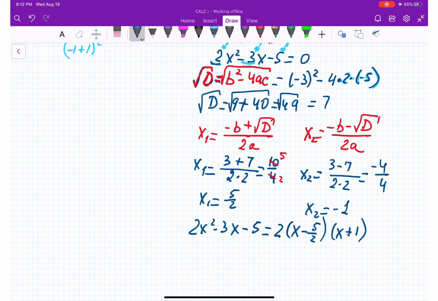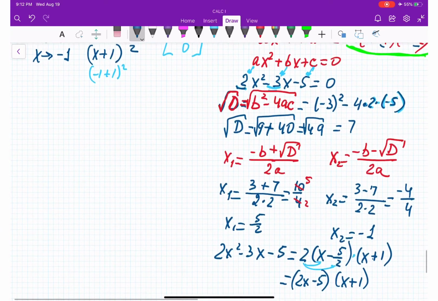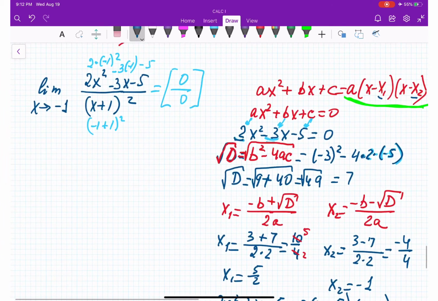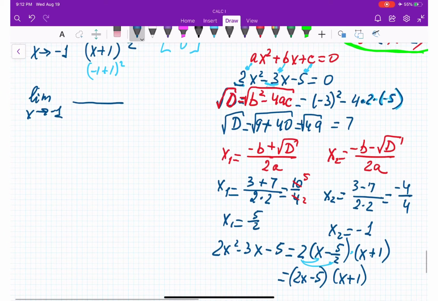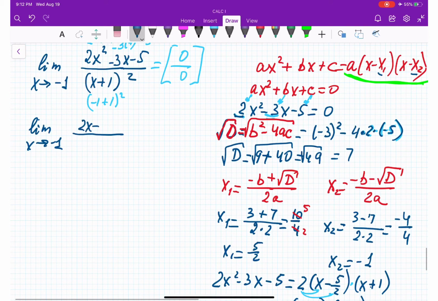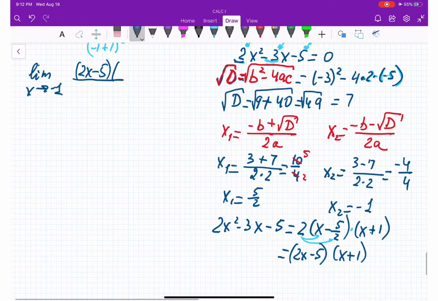I'm going to distribute this 2 by one of these parentheses, because here is multiplication. And we are going to get 2x minus 5 times x plus 1. Okay, so let's write down limit x approaches to negative 1. In numerator I get 2x minus 5 and x plus 1.